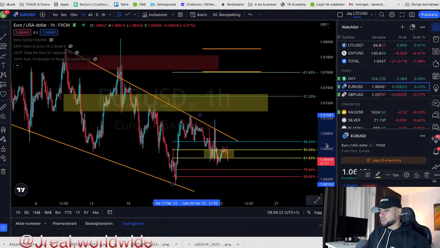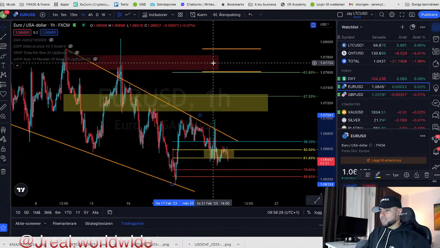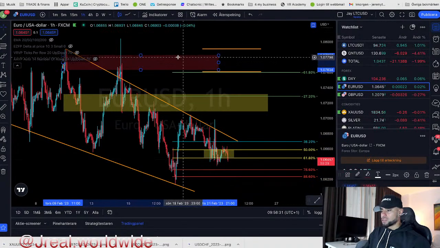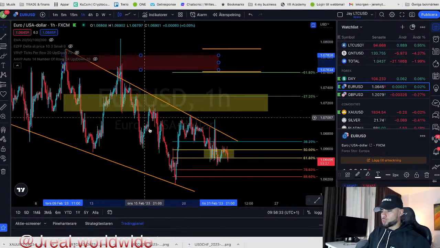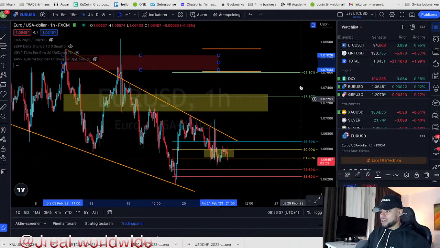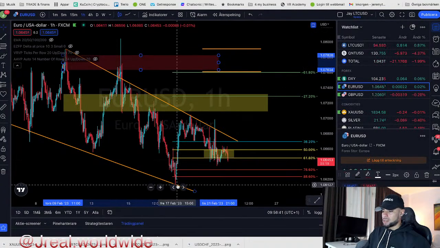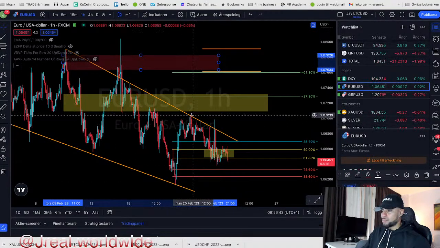So look, what do we got? Co-influently with this supply zone, this is the supply zone from this swing here. Confluently, we have the Fibonacci 61.8 extension from this bottom to this top.